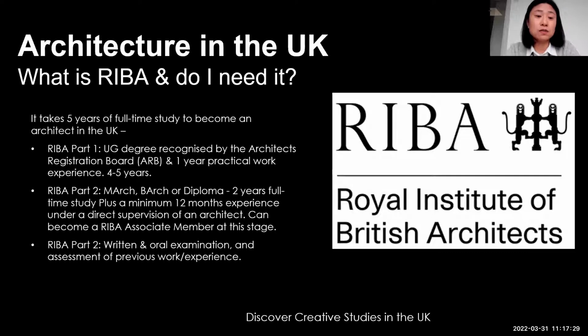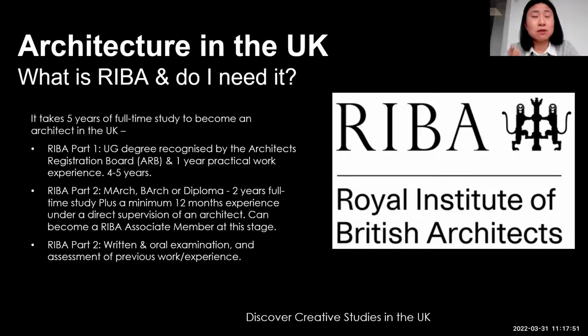And then once you complete the first part, you will need to go on to the professional practice, and then including the RIBA Part 2, which is like a master degree, and also, as I mentioned in the slides here, you have to do a minimum 12 months experience.